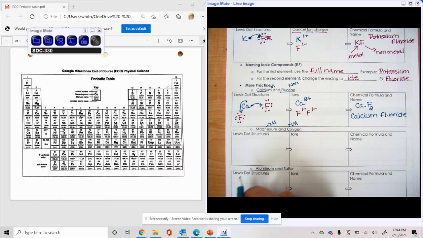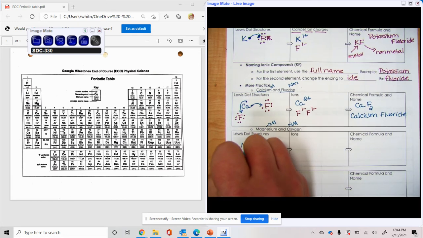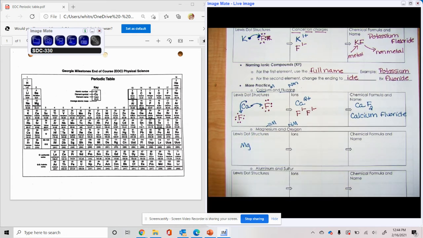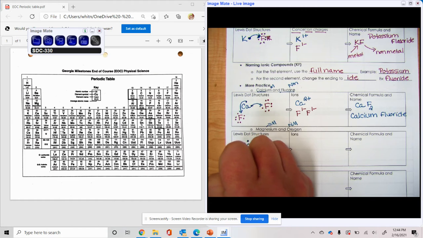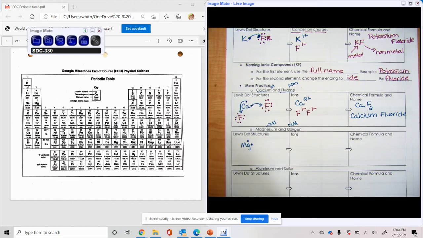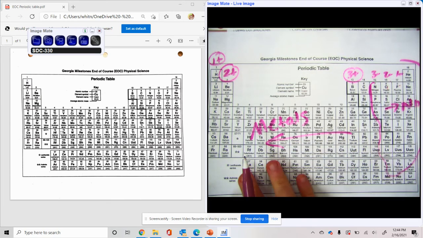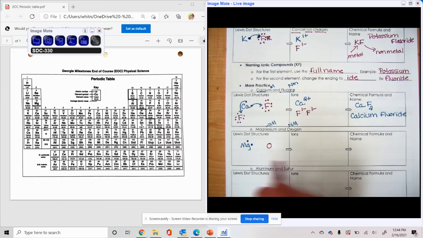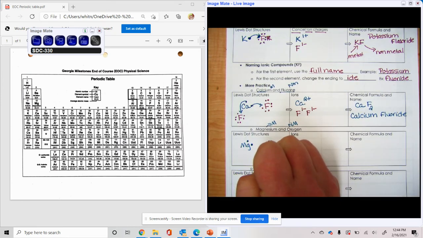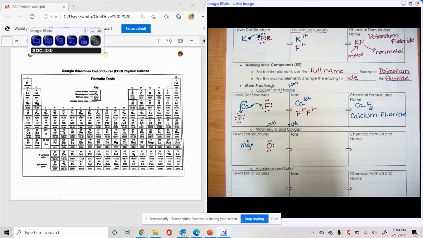All right, so magnesium, I'm going to draw that first. It has 2 valence electrons because it's in the second column. Oxygen is in the 16th, so it's going to have 6 valence electrons. Oxygen needs to get 2.